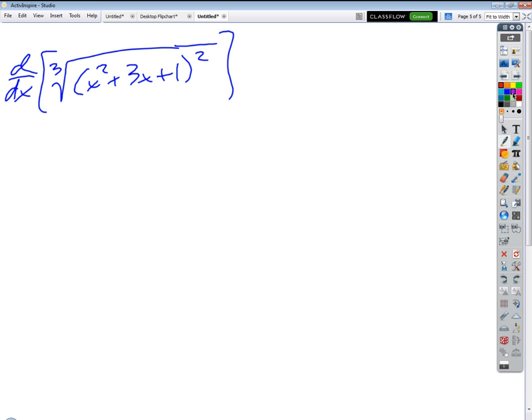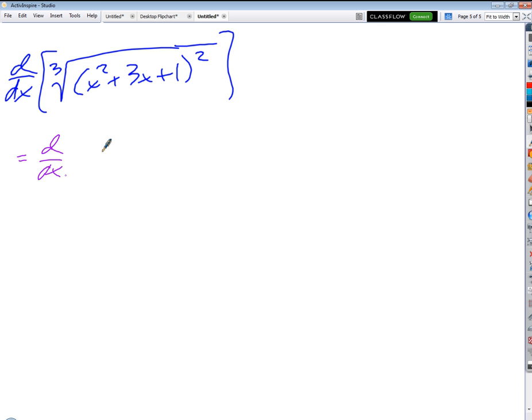So I could make this a 1/3, couldn't I? I could rewrite this as the derivative with respect to x of the quantity x squared plus 3x plus 1, squared, to the 1/3. Could I go one step further? If I take a power to a power, what do I do to the exponents?